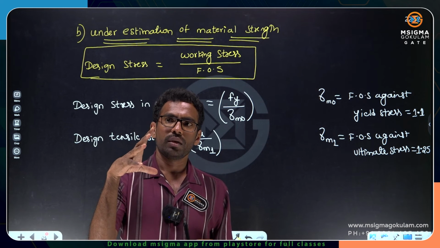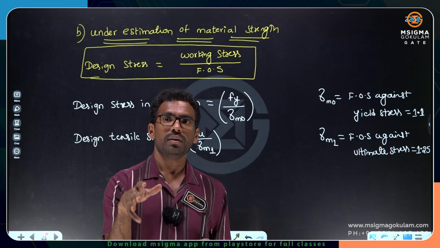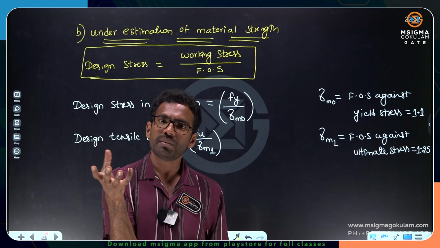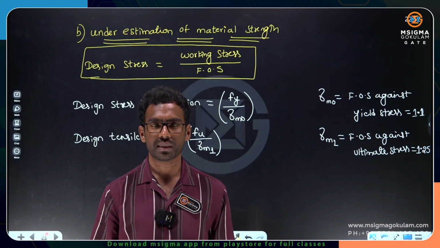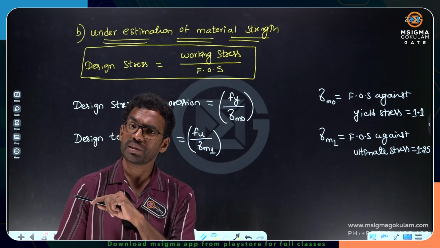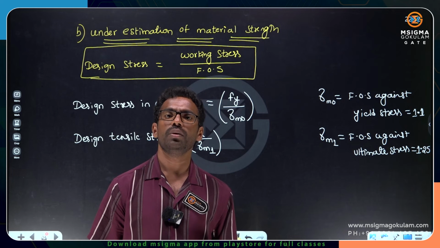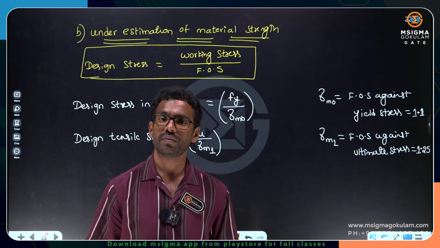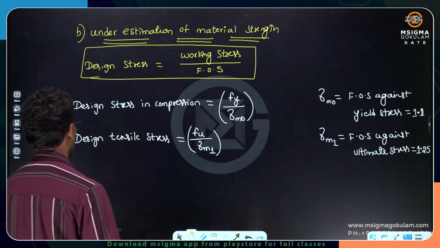So, according to the nature of shear, sometimes shear may occur in yielding, sometimes shear may occur in tension also. That is, two things are there. If the shear is occurring due to compression or yielding shear, then we take yield stress only. If shearing occurs because of rupture, then we take the ultimate stress. Please try to understand that.